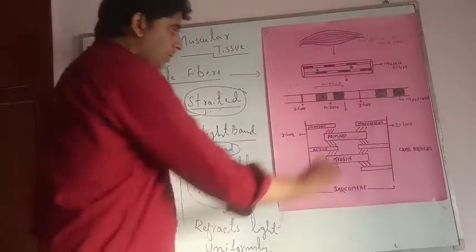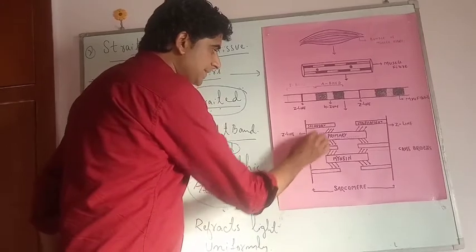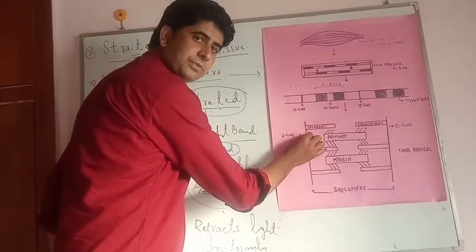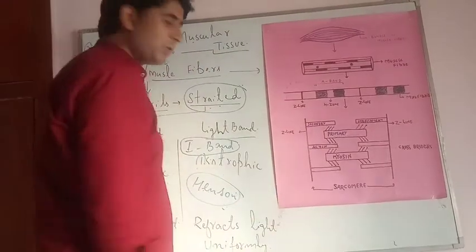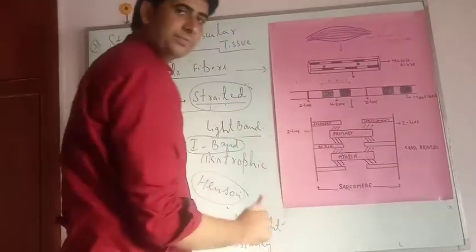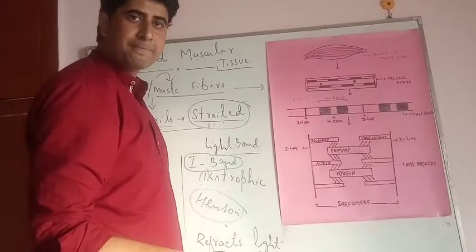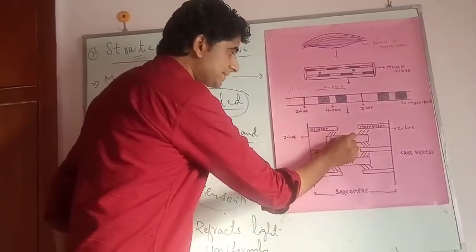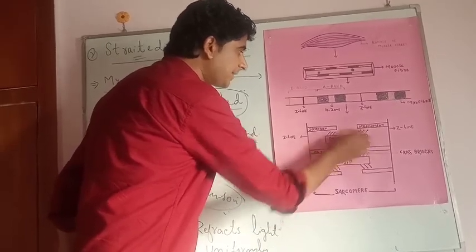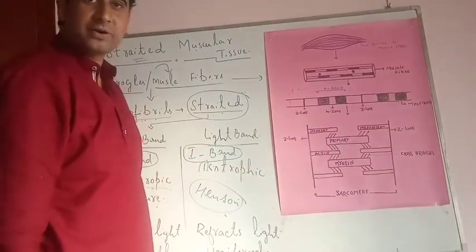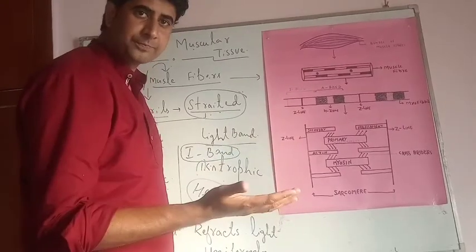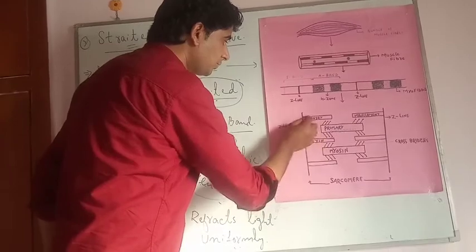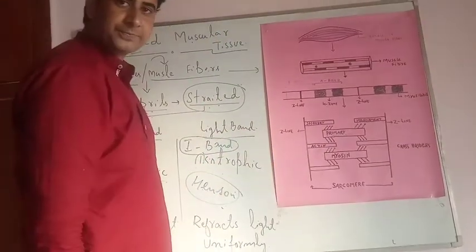और ये जो actin myofilaments या secondary myofilaments है, on one side, these are attached with the Z line, while the other side is free. However, as compared to the primary myofilaments, these are not attached to any thread or any line. These are open and present in between the two primary myofilaments.